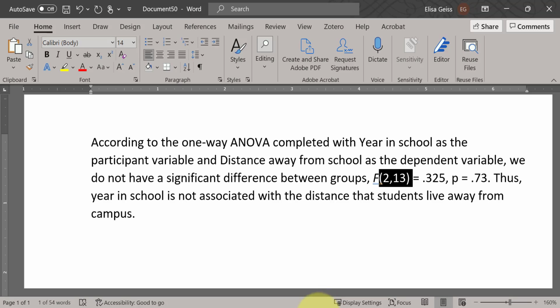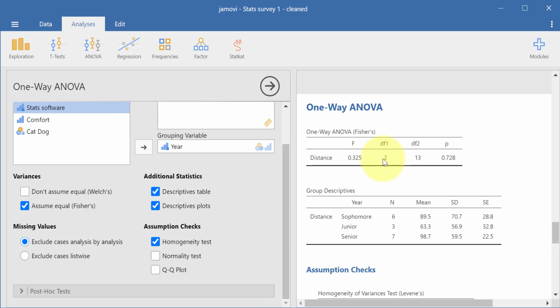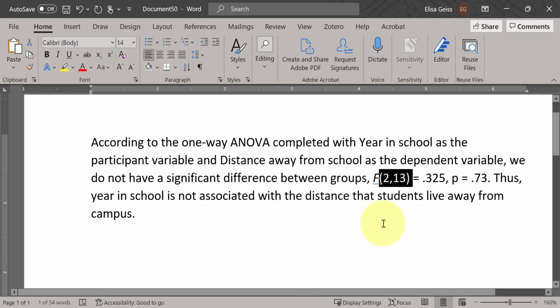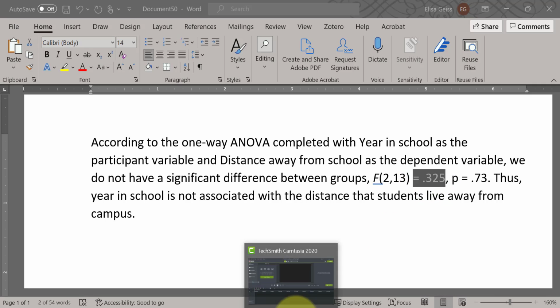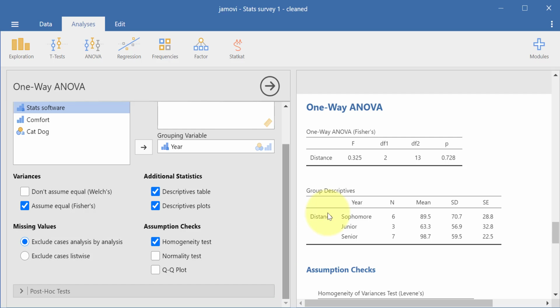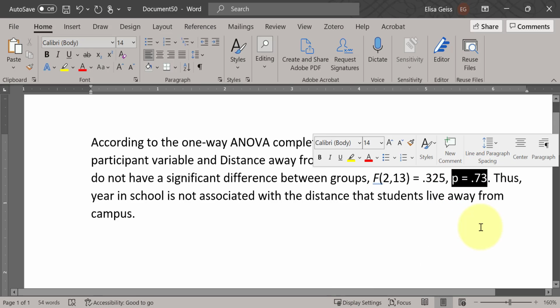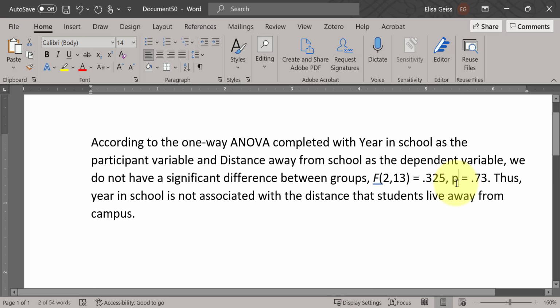The way this works in Jamovi is to take your degrees of freedom 1, put a comma, and then show your degrees of freedom 2, equals 2, and then you put in your statistic. So my statistic here is 0.325, and then I'm going to put in my p-value. Probability, and that should be italicized, is equal to 0.73.